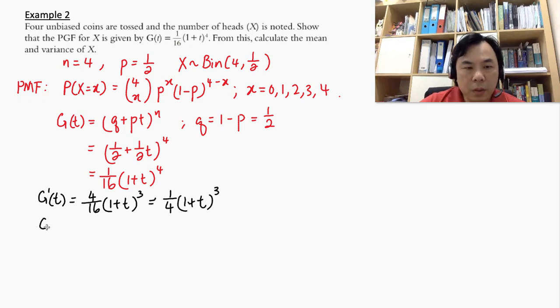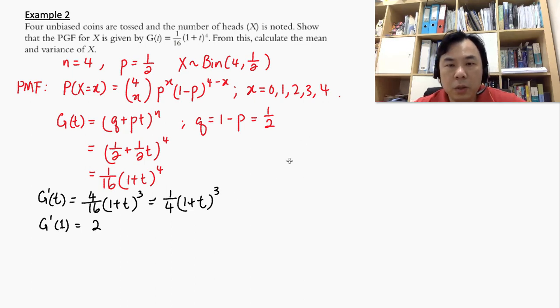So from here, our first derivative at t equal to 1 is actually 2. If you substitute t equal to 1 here, you will get 8 divided by 4, and there you have it.